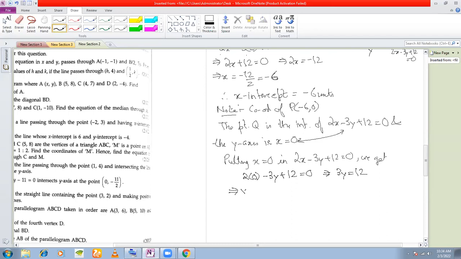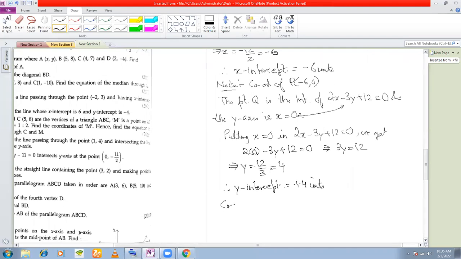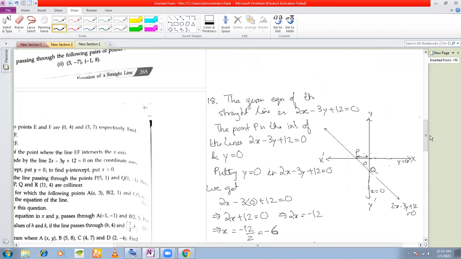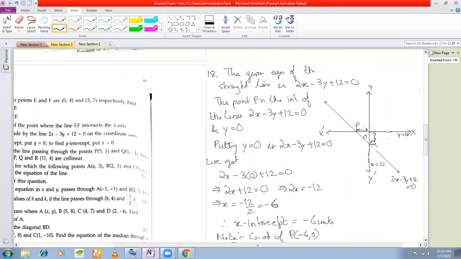That means you get y is equal to 12 by 3, which is equal to 4. So therefore, what is the y-intercept? Y-intercept here is plus 4 units. And what should be the coordinates of Q, if the y-intercept here, this length, is 4 units?